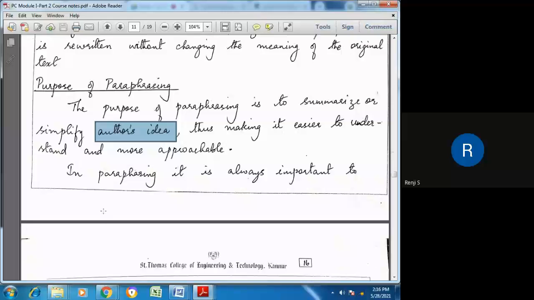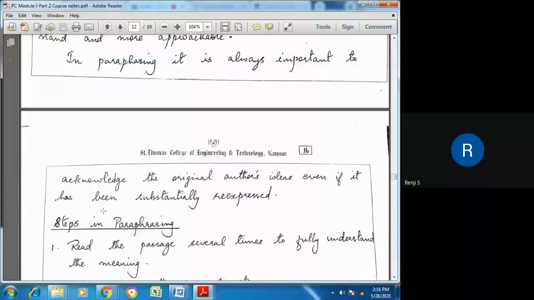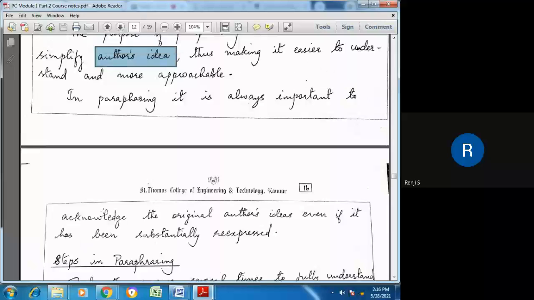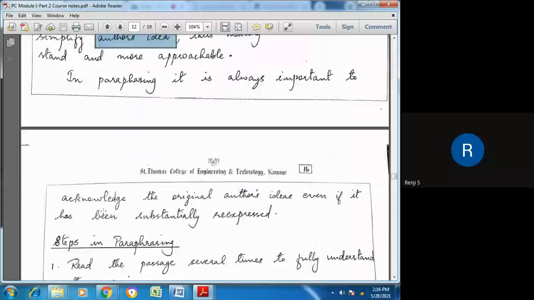In paraphrasing, it is always important to acknowledge the original author's idea, even if it has been substantially re-expressed. So you are going to re-express someone else's idea, but you have to acknowledge that author. You have to write about that author somewhere in the paragraph, and you should say from where it has been taken.